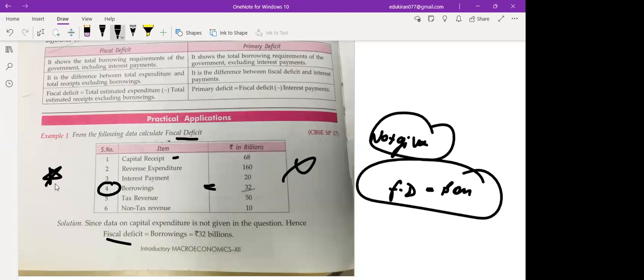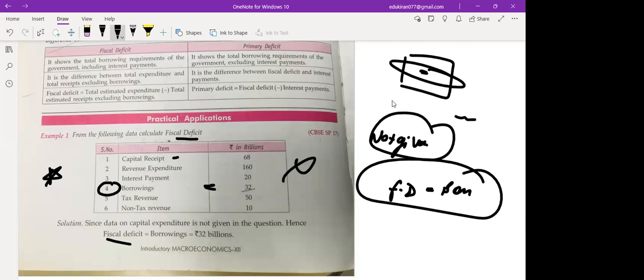Sometimes what they do is they'll give you an entry and they'll not tell you that fiscal deficit is borrowing, and they will ask you to calculate other things, maybe primary deficit and all that. Students first try to calculate fiscal deficit and get confused. So remember, if other values are not given, fiscal deficit is basically the borrowing part.